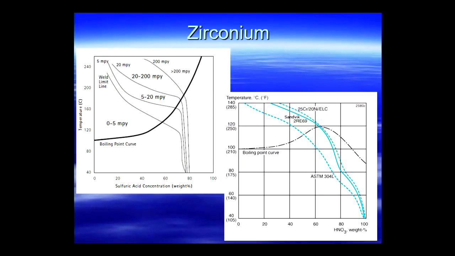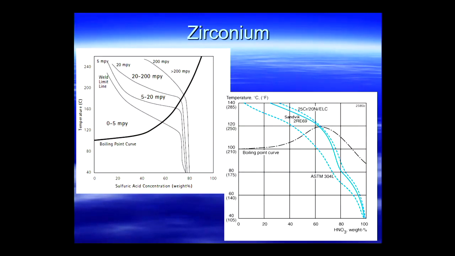The next selection, which was obvious to some anyway, would be zirconium. Now I said titanium was expensive, 10 times the cost of stainless steel. Zirconium is 16 times the cost of stainless steel. It's even more expensive again. But you'll notice that the isocorrosion diagrams for this are in another league, totally different league.